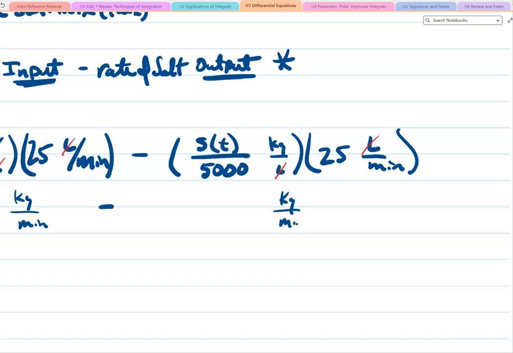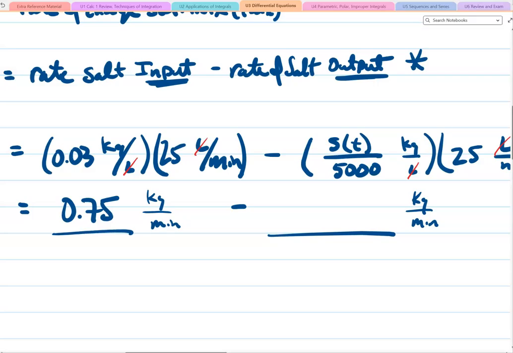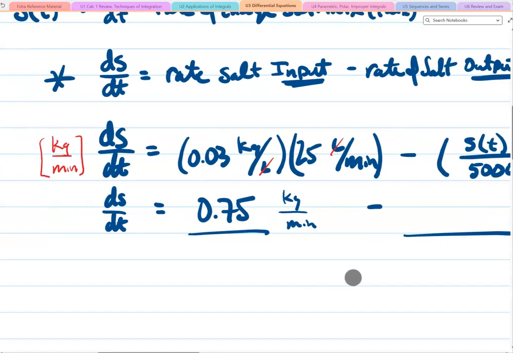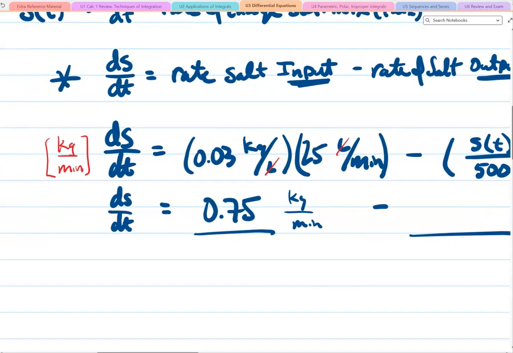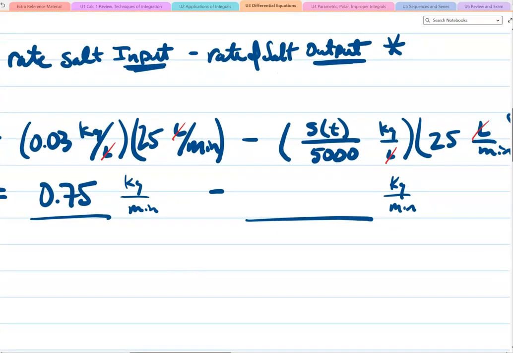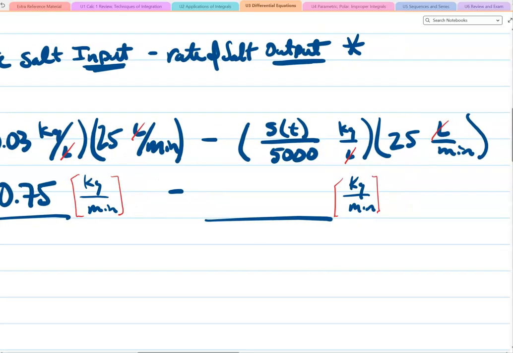So kilogram per minute is the result here. This number of kilograms per minute and this number of kilograms per minute are allowed to be subtracted. Those two units agree, and then ultimately they do create the kilogram per minute unit that we have on this outside. So I'm borrowing some of the techniques from our physics class, just doing some dimensional analysis real quickly here to make sure that our equation itself is meaningful.